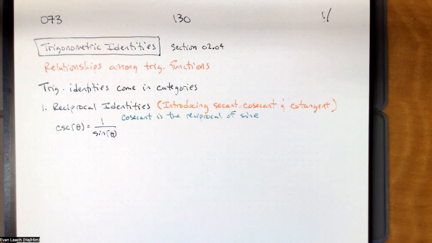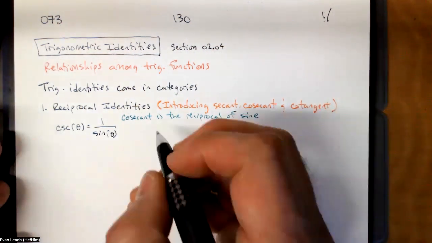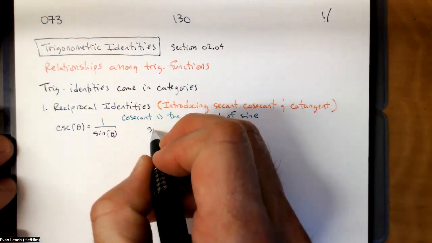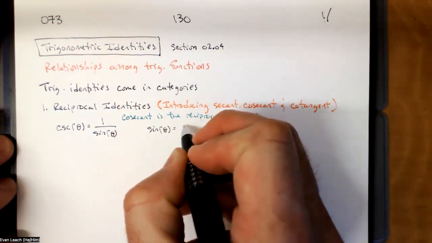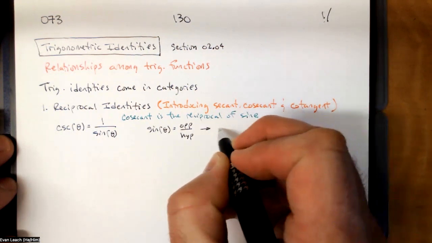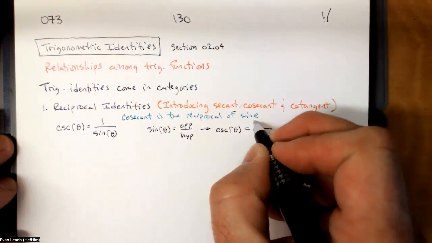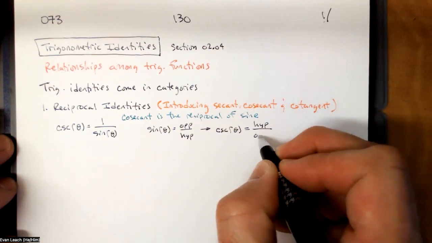So if sine of theta in a right triangle is opposite over hypotenuse, cosecant of theta will be hypotenuse over opposite. So in a right triangle, if sine theta is opposite over hypotenuse, then cosecant theta is the reciprocal, hypotenuse over opposite.